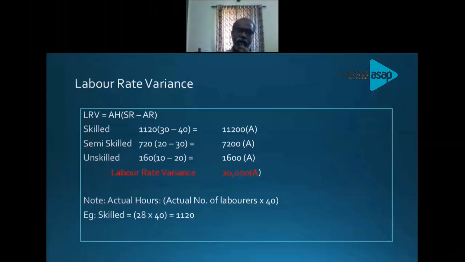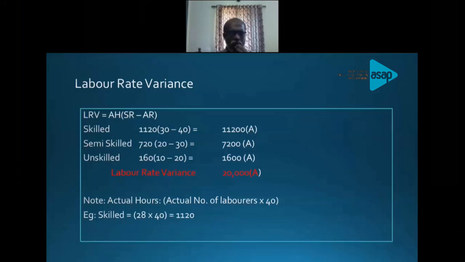In all the three cases the rate variances are adverse. All actual wage rates are more than the standard, so take the sum. Labor rate variance is 20,000. That means the change in labor cost due to the change in the actual wage rate from the standard wage rate is 20,000 adverse. It means we have spent 20,000 more than the standard labor cost expected.